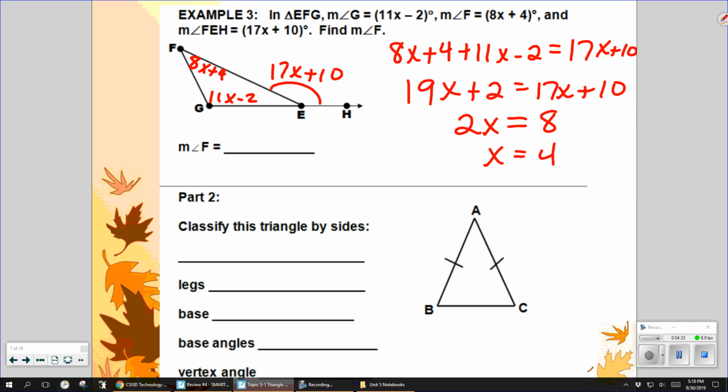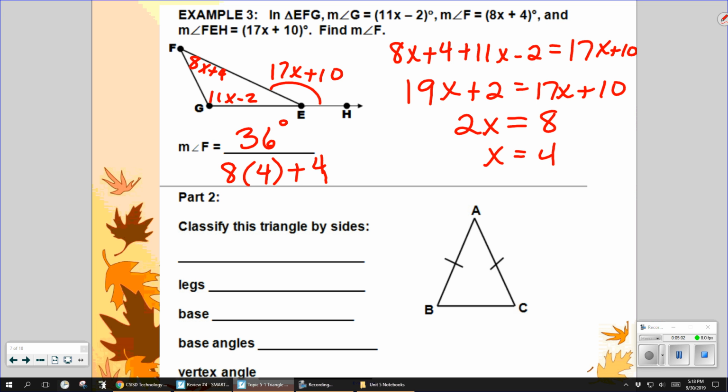Now it says find the measure of angle F. So you want to make sure that you plug it back into angle F, which would be 8 times 4 plus 4. So 32 plus 4 gives us 36 degrees. All right, so that's how we use the exterior angle theorem: we add the two remote interior angles, and that equals the exterior angle.